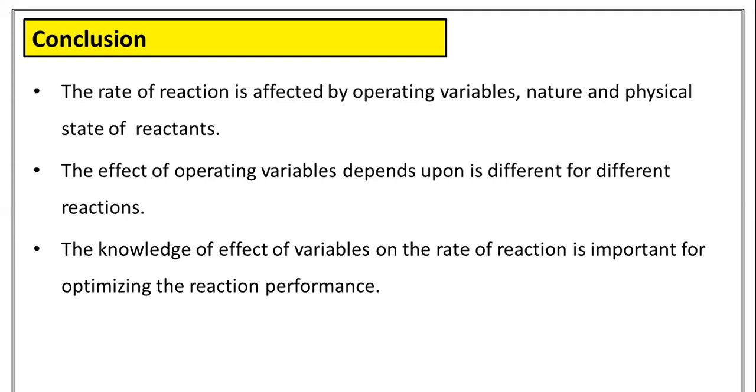So I hope you must have understood which variables affect the rate of reaction, how they affect, and how we can enhance the rate of reaction by manipulating the values of the variables mentioned in the discussion.